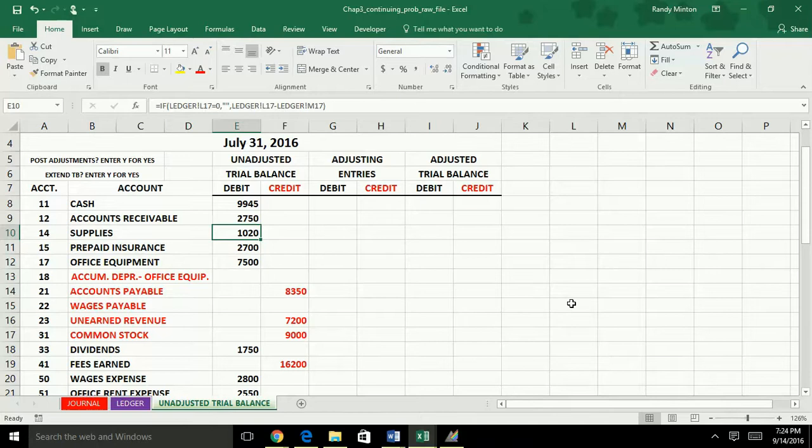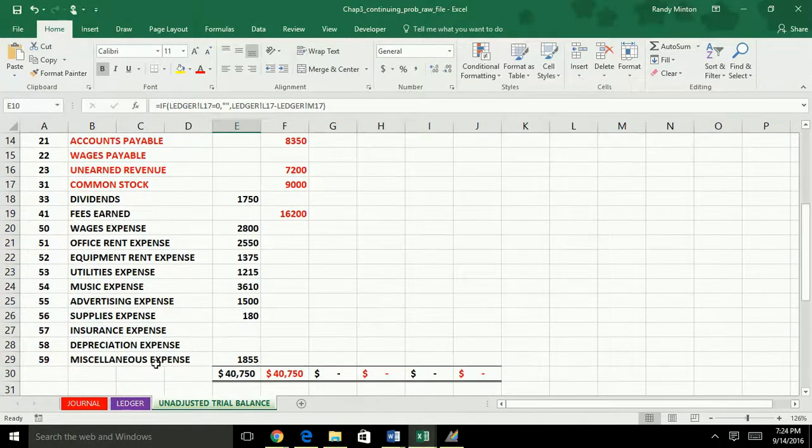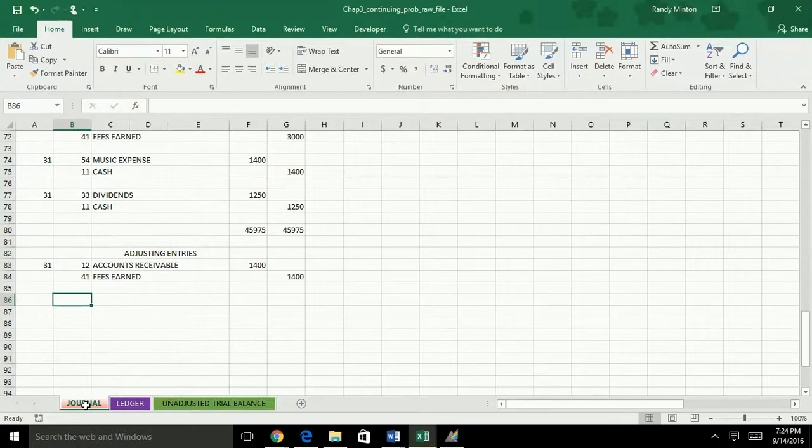So let me run over here to the adjusted trial balance. I need to see what the supplies expense account is, and it's 56. So I'm going to come back over here. 56 is supplies expense, and now the entry is going to be for $745. And you'll excuse me for having already prepared these, but I'm trying to make this move a little more quickly through the process. And so how did I come to that?